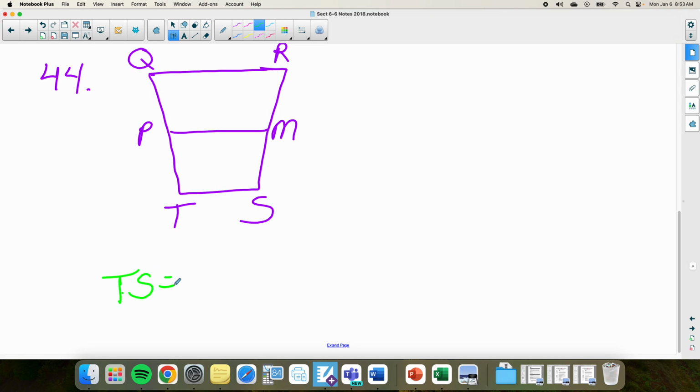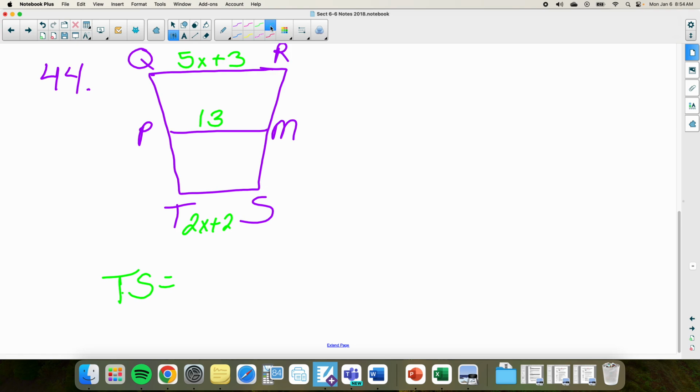But it tells us in this one that TS, which is the bottom, is 2x plus 2. And then they say that QR is 5x plus 3. And PM is 13. Okay? So again, with this one, you have to set up an algebra equation.